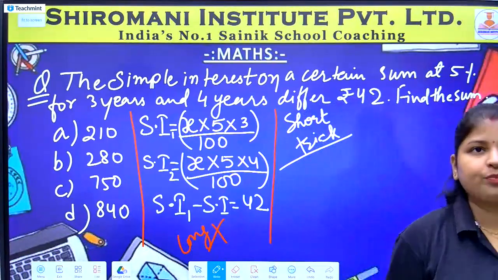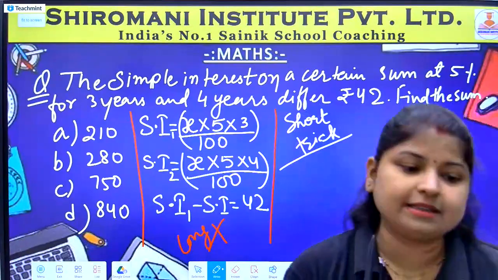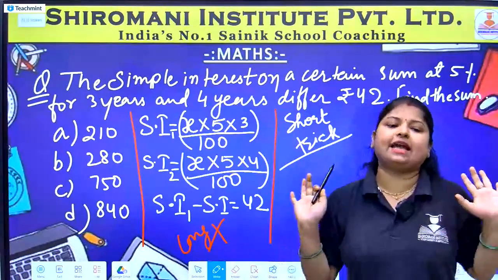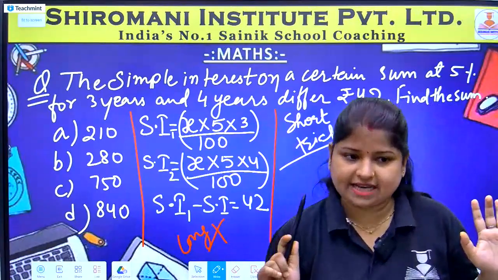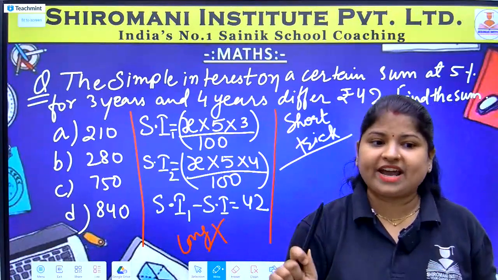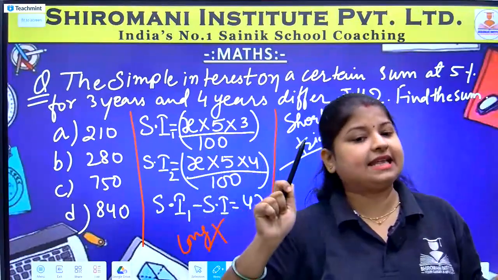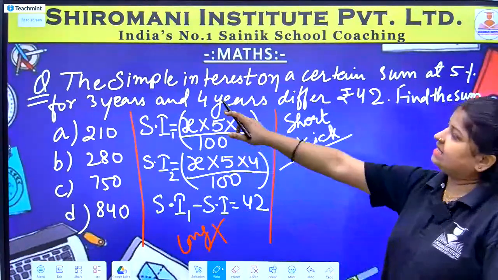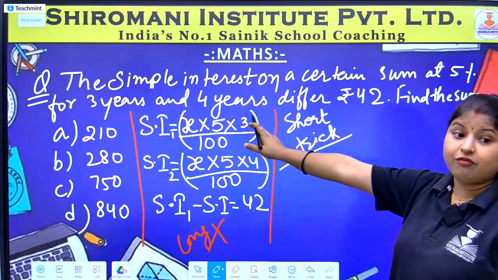What will I do? We have learned here that simple interest each year remains same. Simple interest, I taught you. Simple interest every year remains the same. Use your common sense. This is 3 years, this is 4 years.